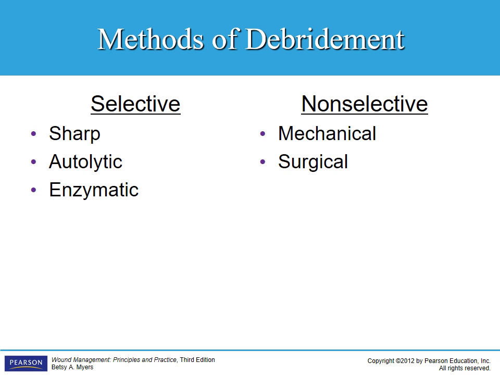Whereas with non-selective, such as mechanical and surgical, you're taking off all of the tissue. You want to get devitalized tissue, but you may get vital tissue with it because it's a non-selective debridement. You're not just picking out the devitalized tissue, you're taking off a layer, if you will, of all kinds of tissue.